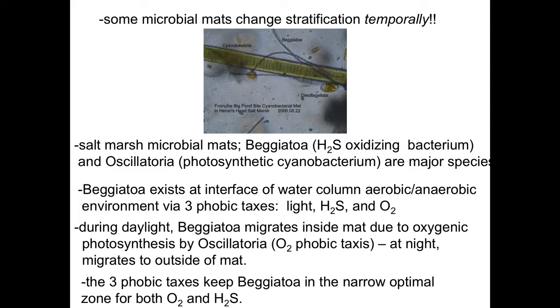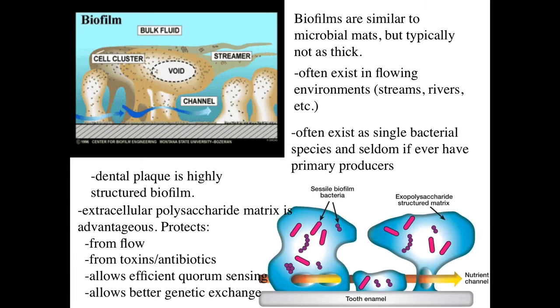Beggiatoa chemotactically moves away from that oxygen concentration. Then at night, when Oscillatoria can no longer produce oxygen, it can move out, while keeping itself in a very narrow optimum range of hydrogen sulfide, which it uses as its electron source.